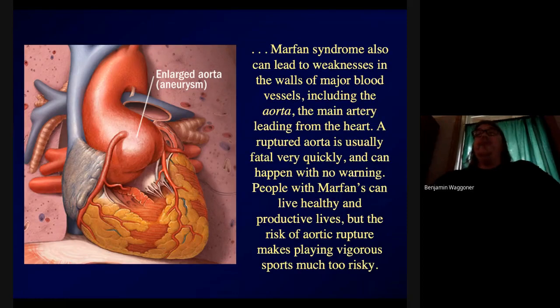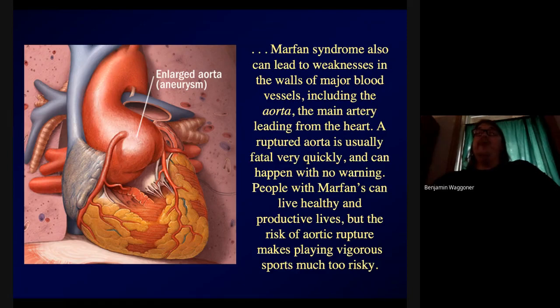And so people with Marfans can live perfectly healthy and productive lives, but vigorous sports are very risky. Anything that puts strain on your heart, makes your heart pump really hard, is a risk for making those aortic bulges, the aortic aneurysms, for making them worse or even making them rupture.